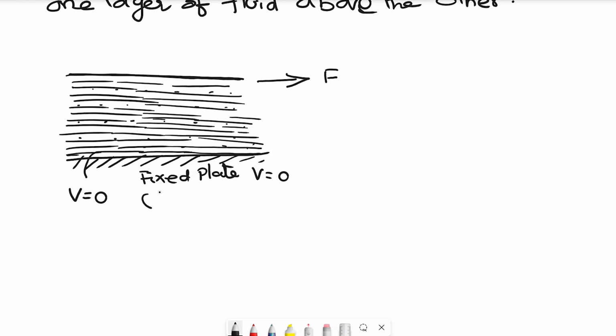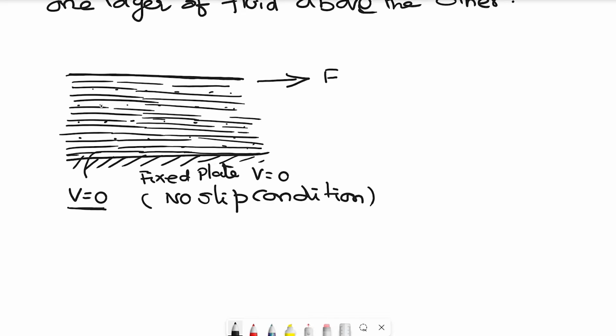So this is called the no slip condition. What is the no slip condition? At the boundary, where the boundary is a fixed thing, where the velocity is zero, the fluid adhering to that will have the same velocity as that of the boundary. So that velocity is zero, which is called the no slip condition.